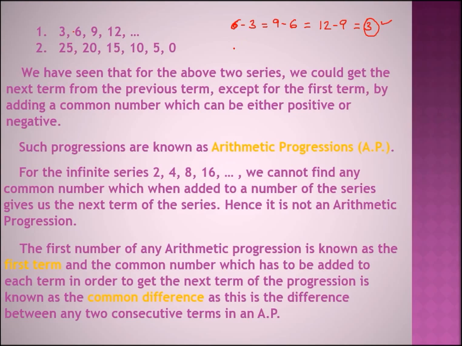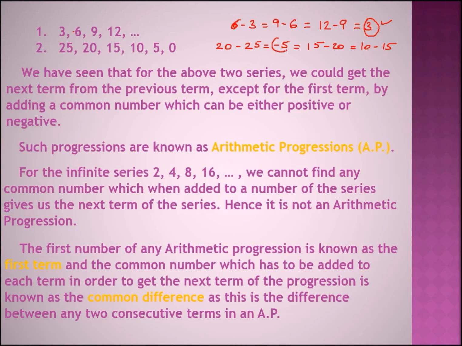For the second series, we'll be taking 20 minus 25. This is equal to minus 5. This is again equal to 15 minus 20. Equal to 10 minus 15. Equal to 5 minus 10, and so on, 0 minus 5.